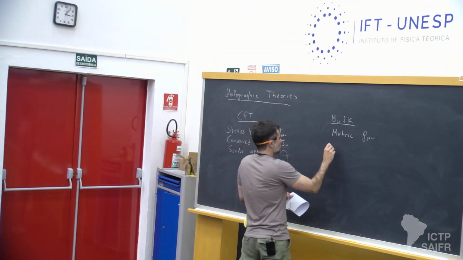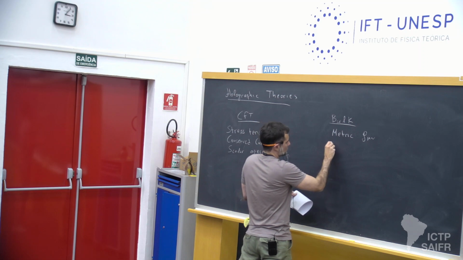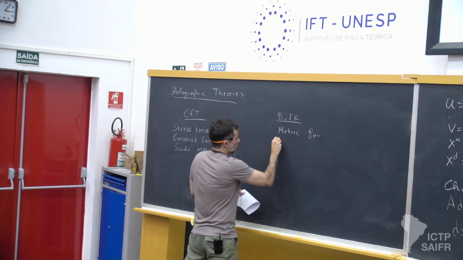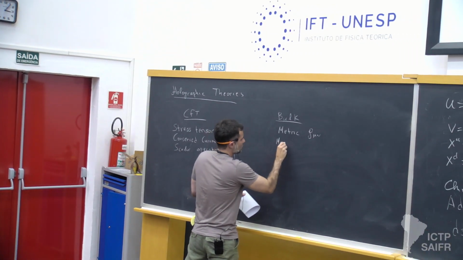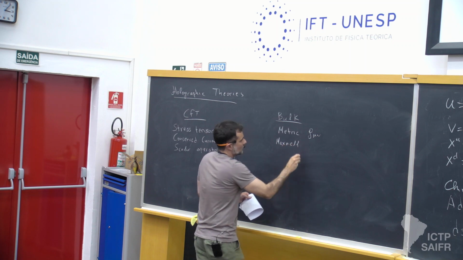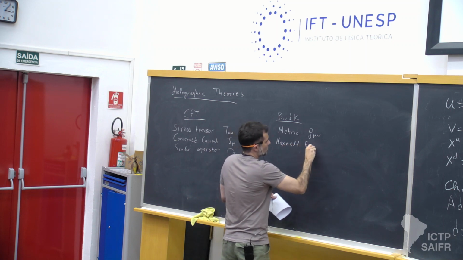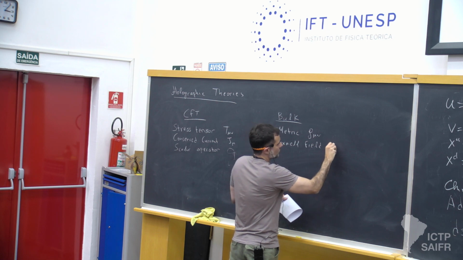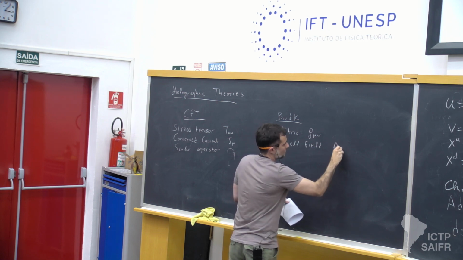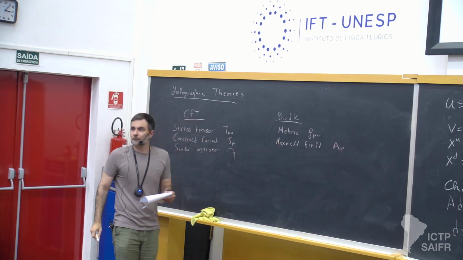For the same reason, the sources for the conserved current are going to be given by the asymptotics of Maxwell fields in the bulk.